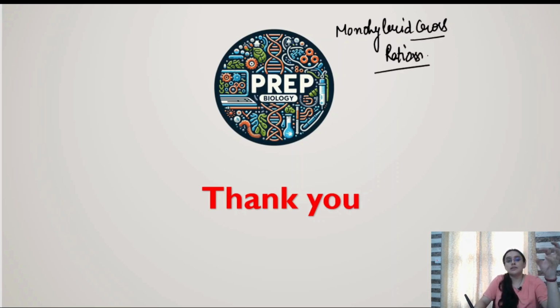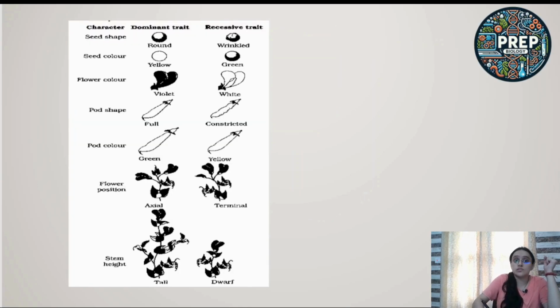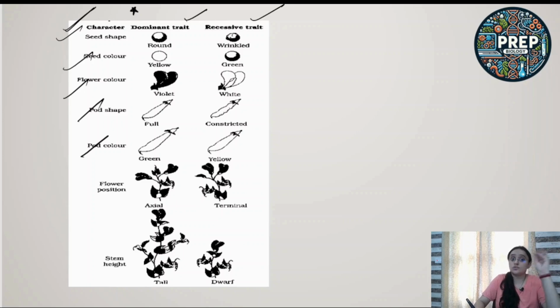In your board examinations you have multiple questions regarding this concept itself: monohybrid cross, law of dominance. You all have to remember this chart, which is very, very important. In your monohybrid and dihybrid crosses, these 7 characters with their traits, which trait is dominant and which trait is recessive, is also very important.